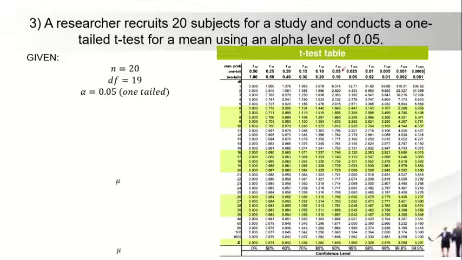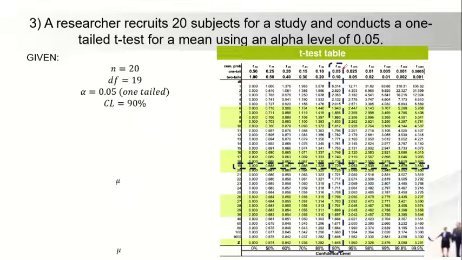So, ito yun. Then, your confidence level is 90%. Here, and here. Then, ito, 19. Then, ito, 0.05. Then, this is your intersection. So, your t-value rather, is positive or negative 1.729.